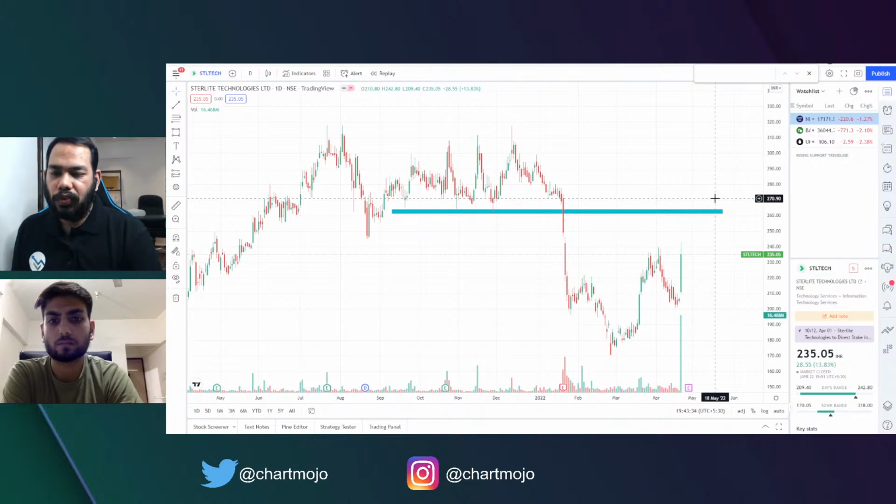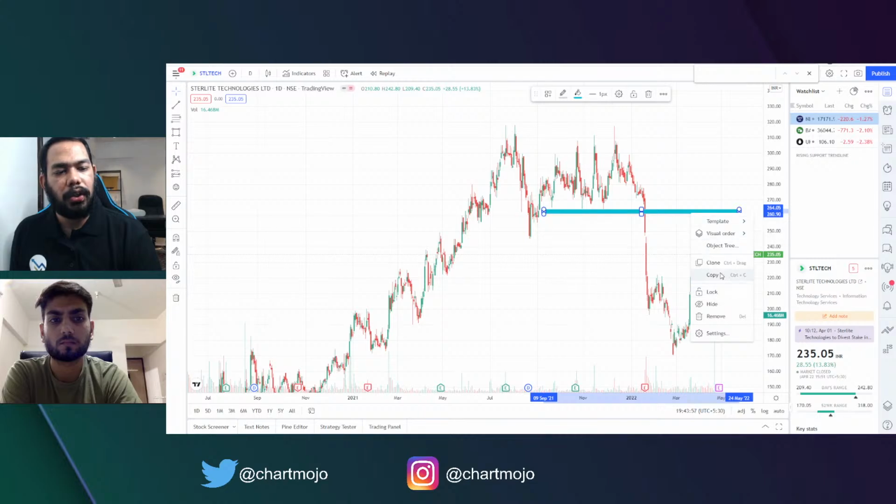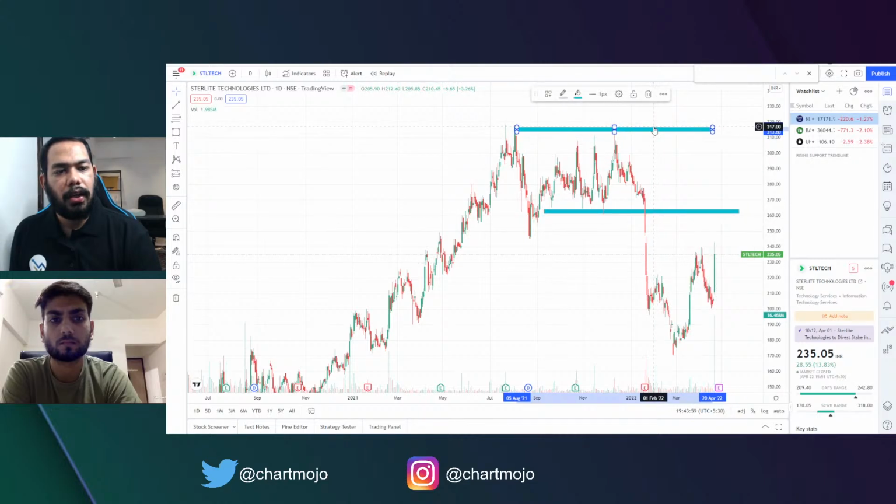But if someone wants to make a fresh position, I would say, see, the counter has been in an uptrend, then there was a sideways consolidation, and then there was a breakdown. If someone wants to make a fresh long, one can wait till above 265. At that time one can think of a fresh long, and your targets will be the all time high or the previous swing high.